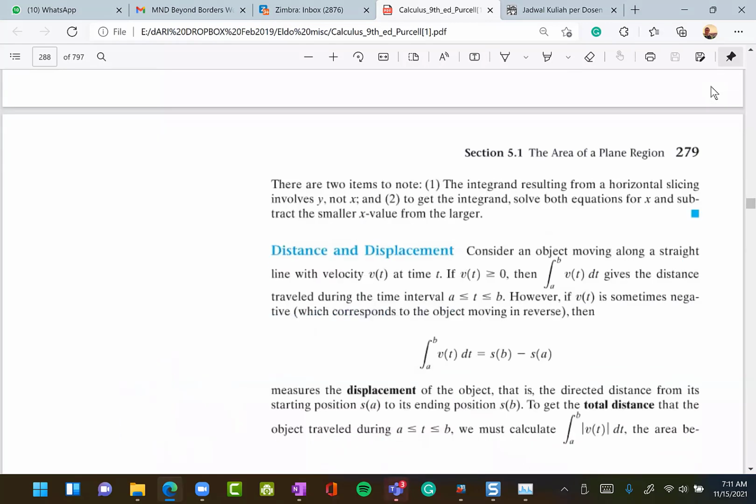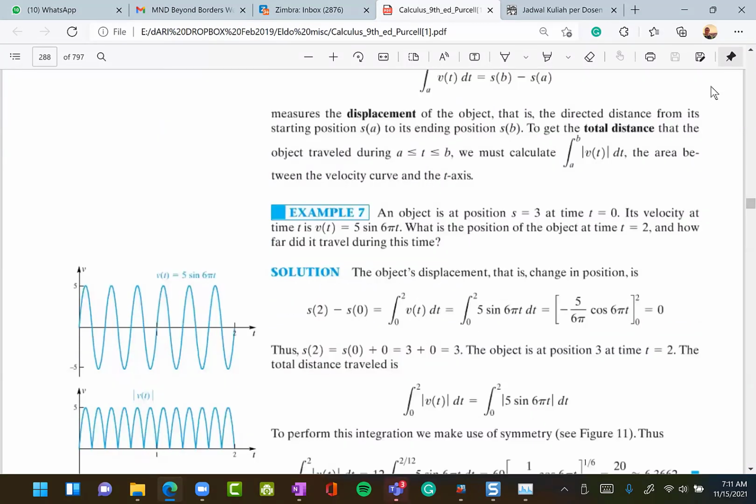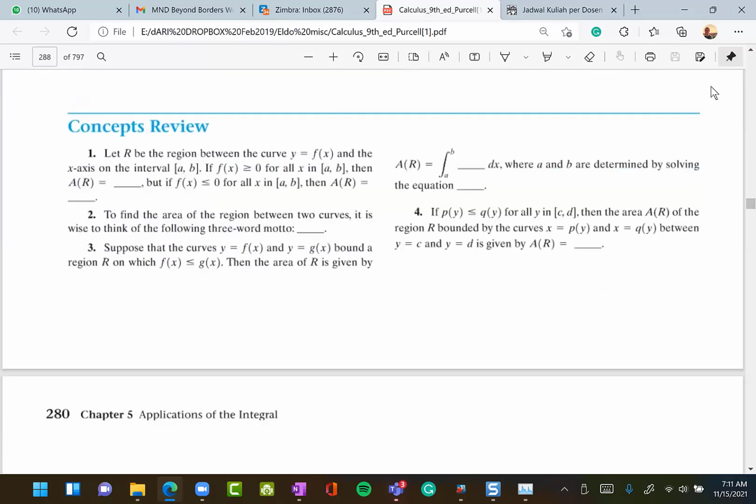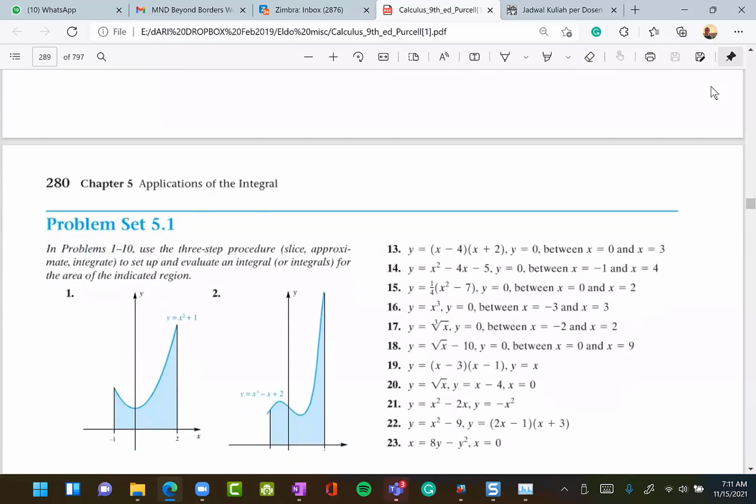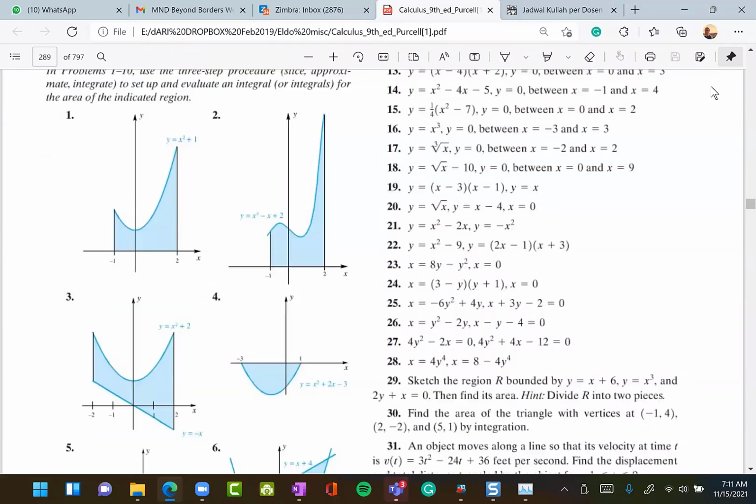Okay, so what we have done is area, although we will do some more problems of this kind of exercise.